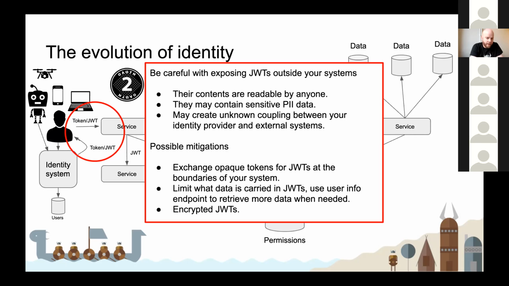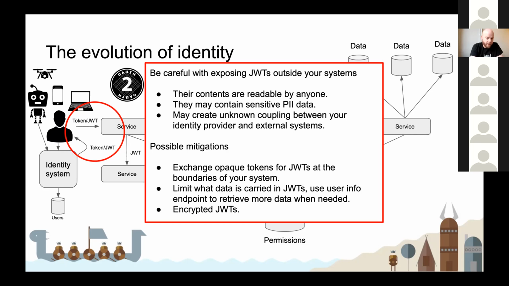And another problem with JWTs, or sharing JWTs externally, is that you might create some couplings there, because if a mobile app developer sees that, hey, the username is in this JWT, I can use this in my app. And of course, they're going to build integrations using this.